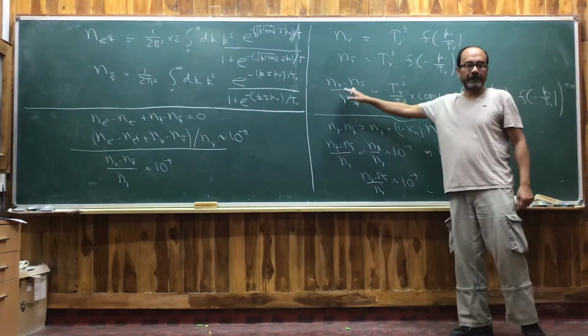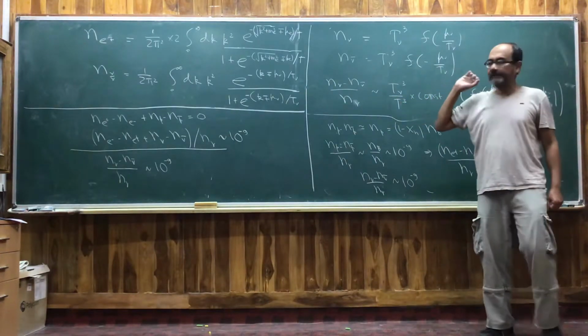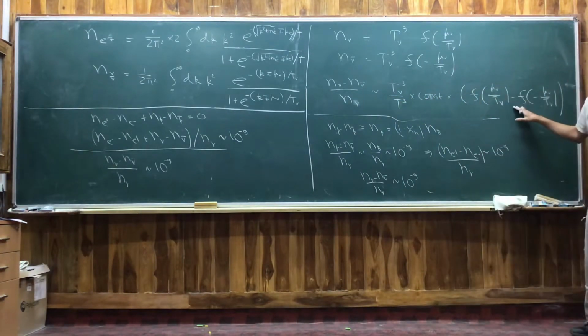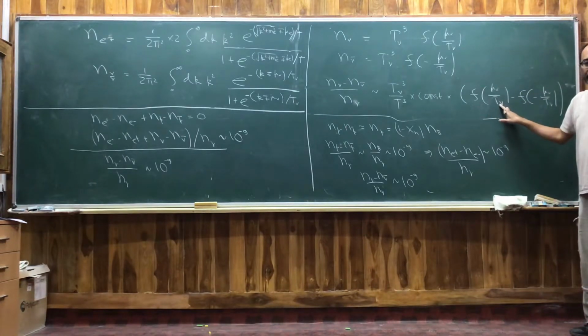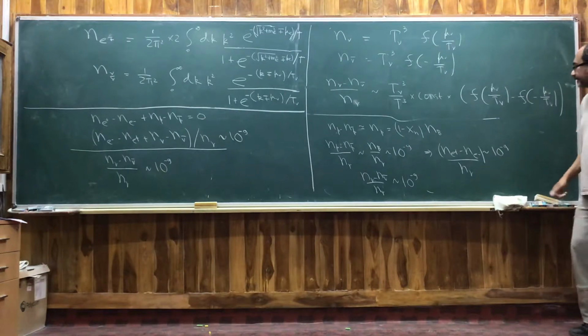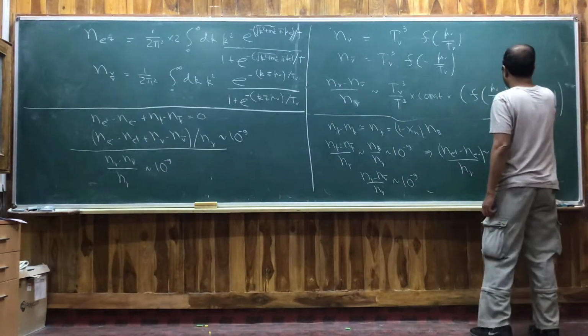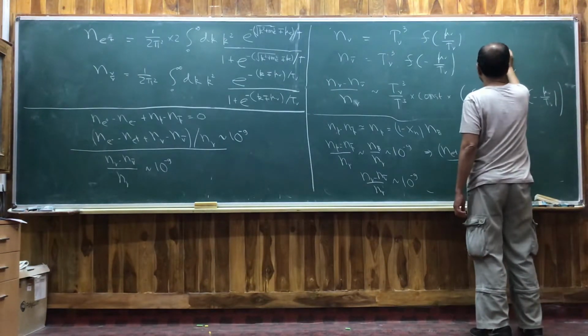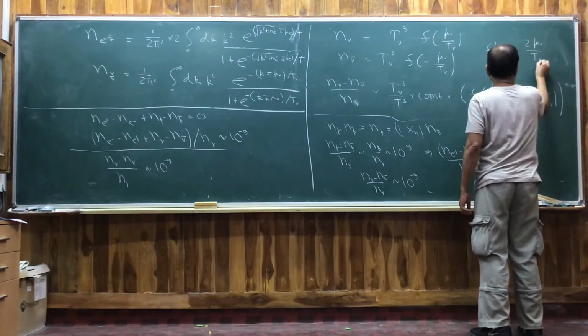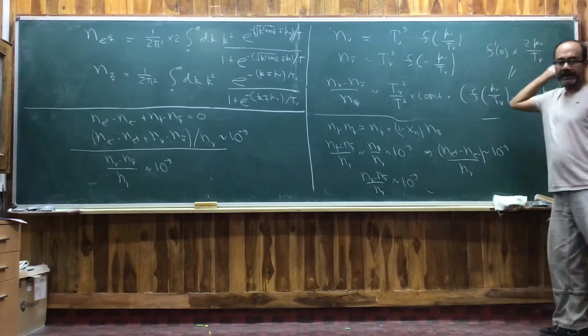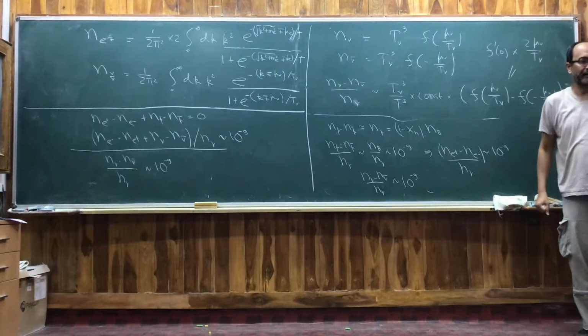This number being small, 10 to the minus 9, can be achieved by making mu nu over t nu small, of order 10 to the minus 9. Then the difference will be like f prime of 0 times mu nu over t nu, right? So this is approximately f prime of 0 times 2 mu nu over t nu. And you can check that f prime of 0 is a perfectly finite number.